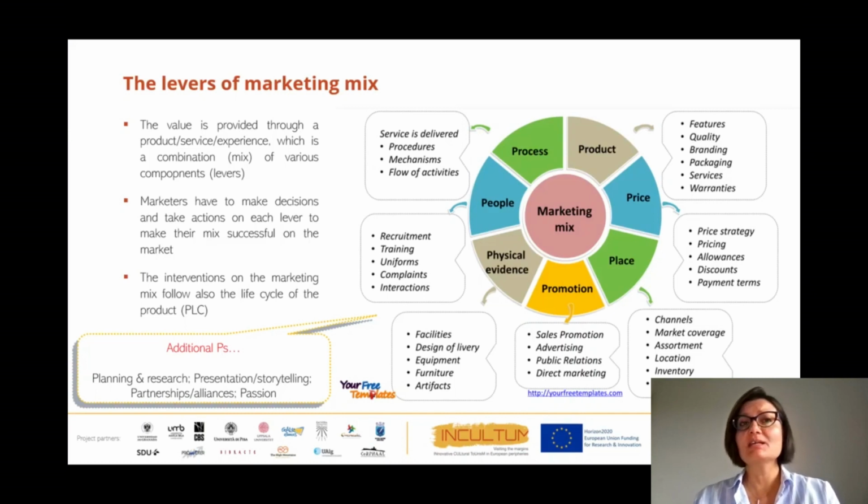Currently, there are not yet homogeneous hypotheses on the 2 other Ps to arrive at 9 Ps in the marketing mix. In fact, we are talking about political power, public opinion, partnership, passion, and many other options. Over time, I imagine that we will also settle on the taxonomy of these most recent levers.